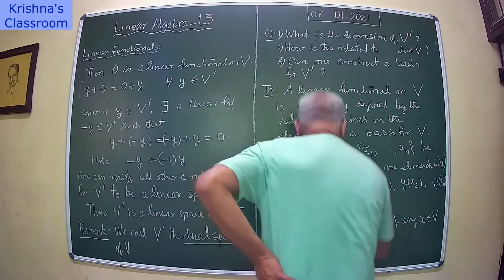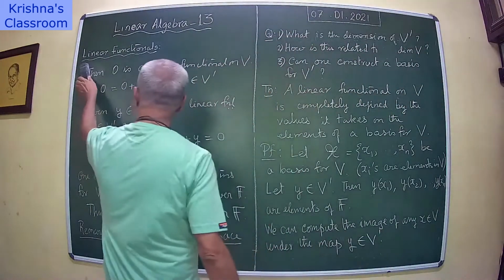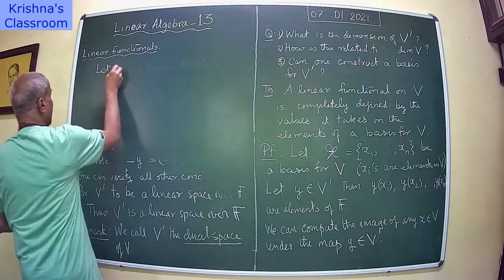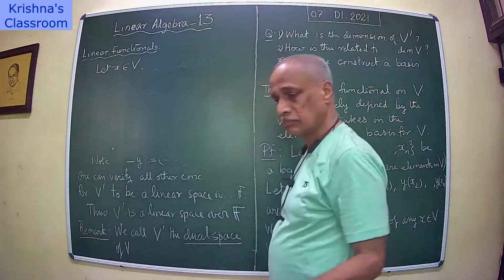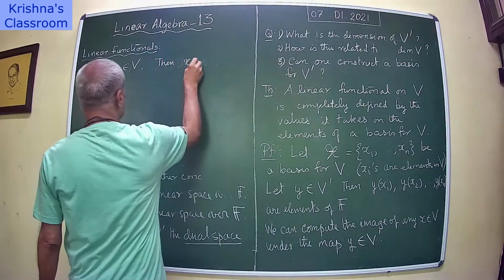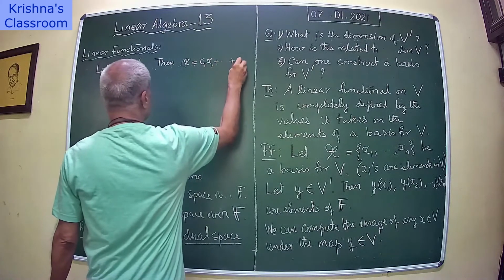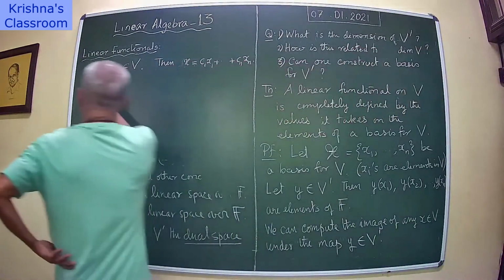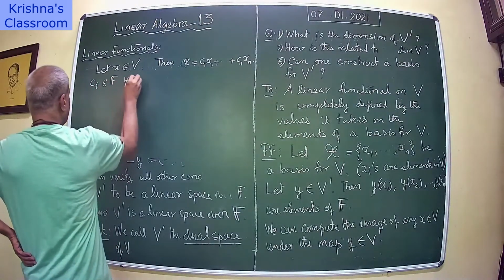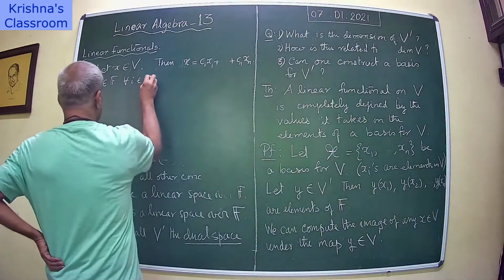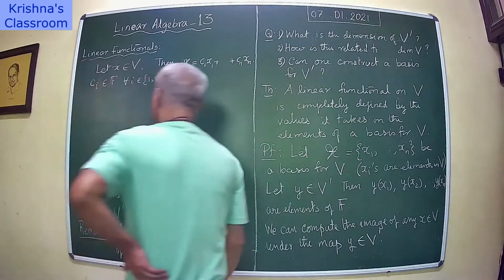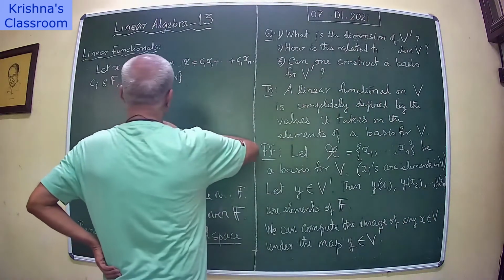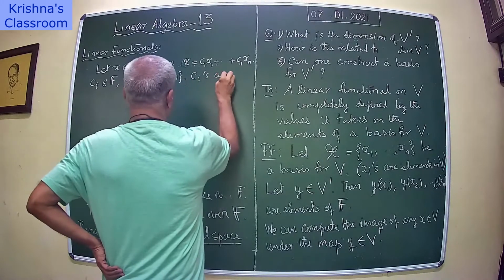Let us do this. How do we work on this? Let x be an arbitrary element of V. Then x is equal to c1 x1 plus ... plus cn xn, where the ci's are uniquely determined.